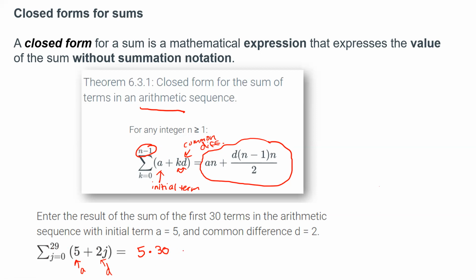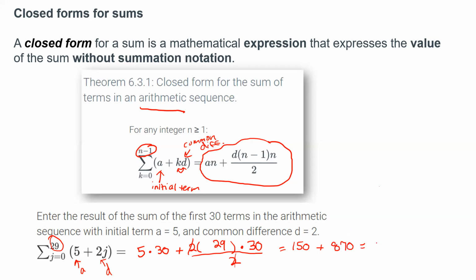So A times N plus D. D is 2. 2 times N minus 1. N minus 1 is this 29 here, times N, which is 30, divided by 2, like that. The 2's would cancel, so that could help us a bit. So we're going to have 150 plus 29 times 30, which is 870.